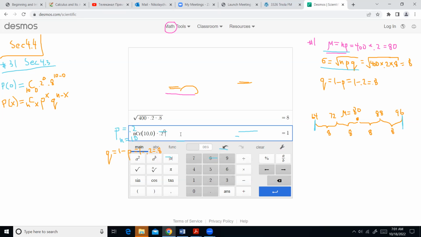And again, I bring this cursor down and times this by 0.8, which is raised to the power of 10 minus 0, which is just the number 10. So we've got the answer. This is about 10%, right? 0.1073.